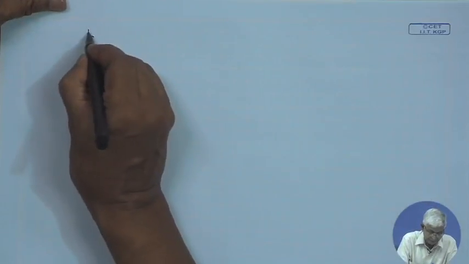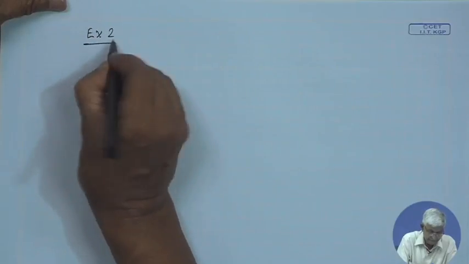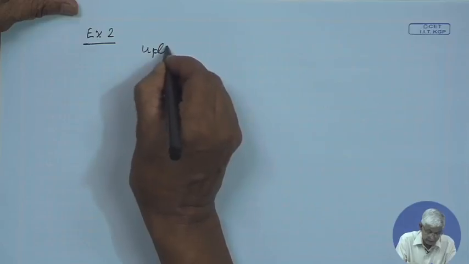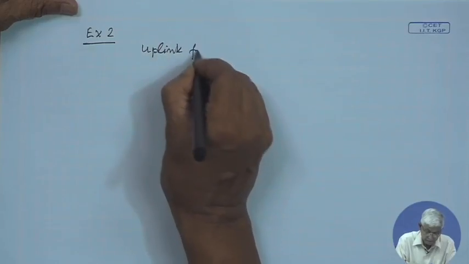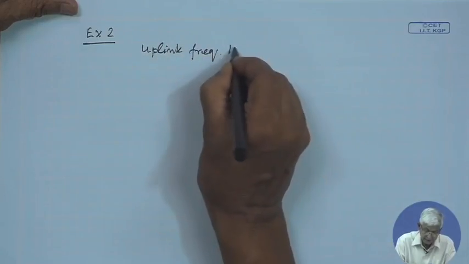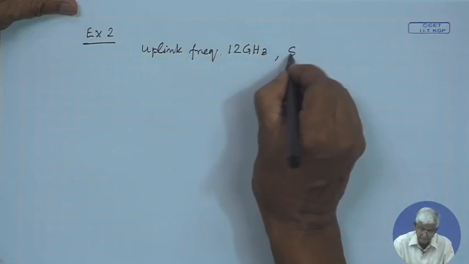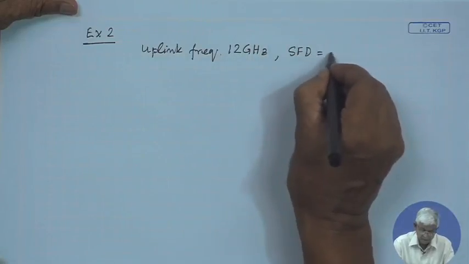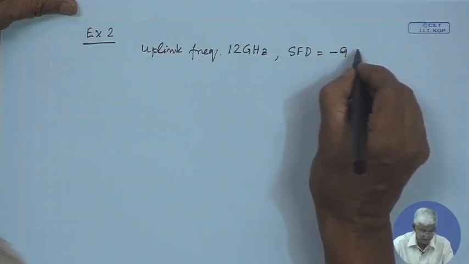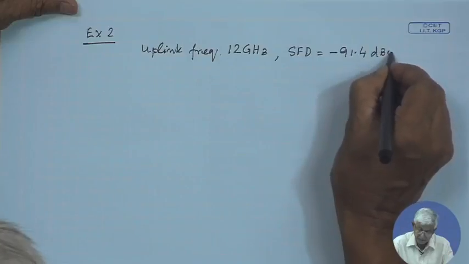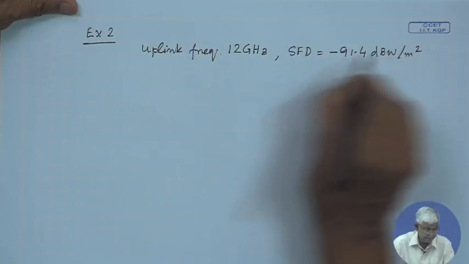Let us take one more example. This is a small one. Here also let us take uplink frequency as 12 gigahertz. SFD is like change in SFD, minus 91.4 dBW per meter square.